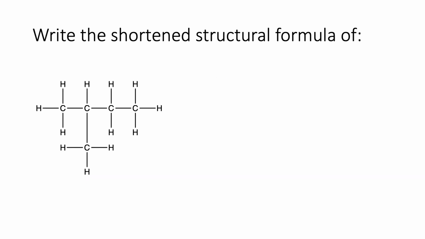Let's work through another example. The first thing that we'll do is split our carbon chain up into individual carbon atoms. Now let's consider each section. The first section here has 1 carbon atom and 3 hydrogen atoms. CH3. Let's look at the second carbon. Let's ignore the branch for the moment. What we have is CH.